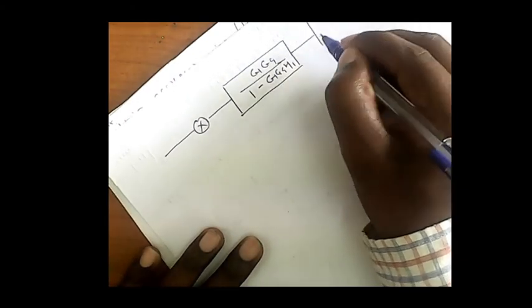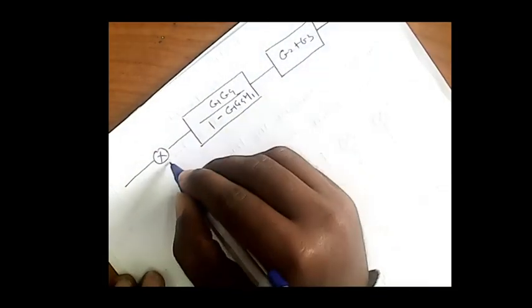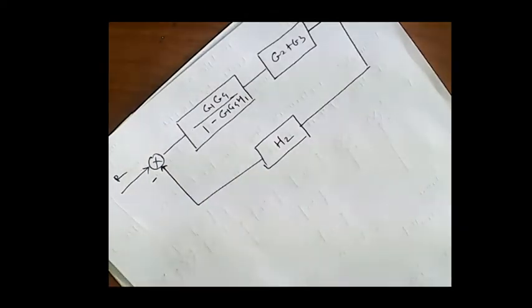Again, the block G2 plus G3, if you observe this. Now one more feedback loop is present, that is H2. This is a negative feedback loop, here is R and this is C. Now after reduction of the first feedback loop, we get this block.